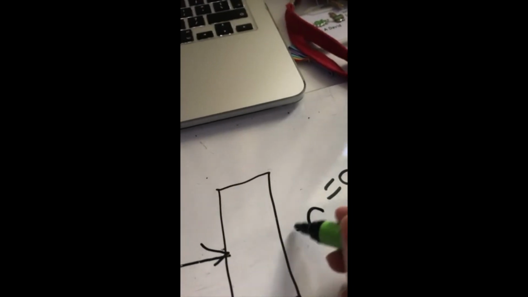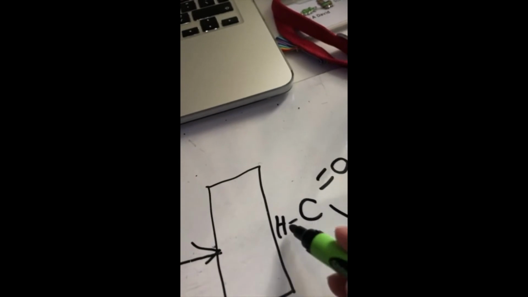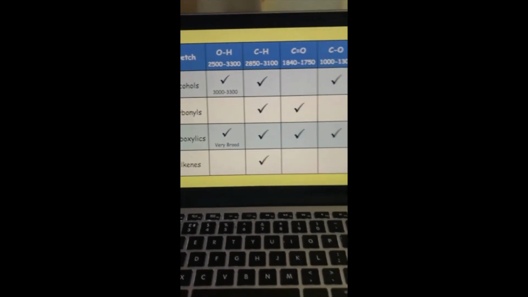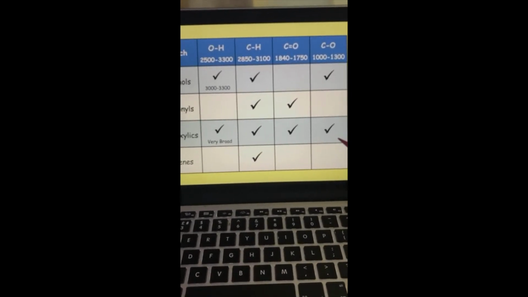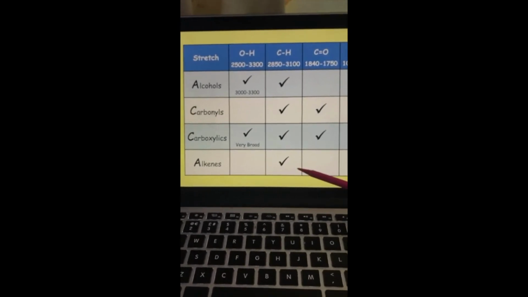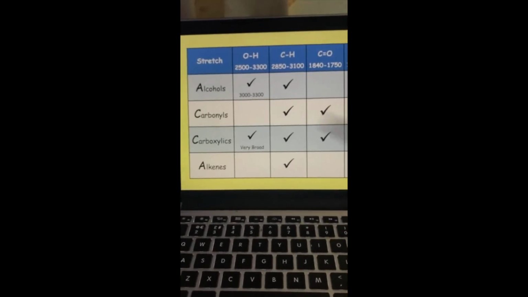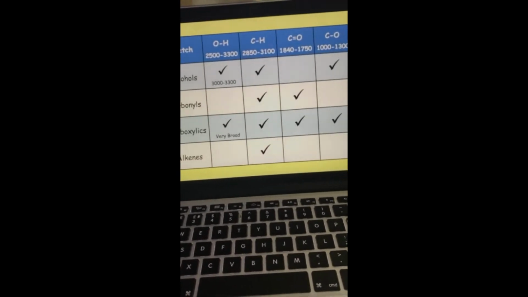And obviously you'll also have some CH in there, even if it's methanoic acid. So with carboxylic acids, you can see that you've got all of those. And then alkenes, really boring ones, have only got CHs and nothing else in there at all. So we're going to look at each one of those in turn.